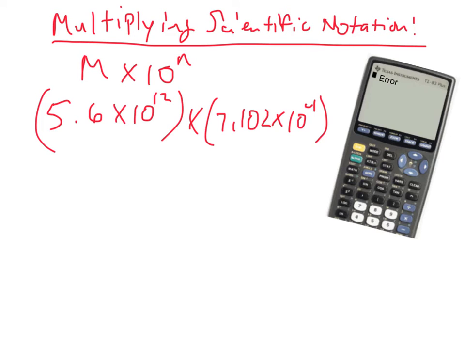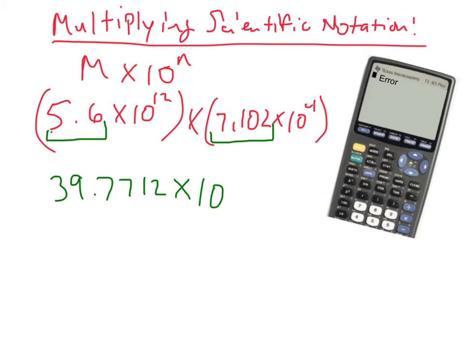The first thing that you're going to do is multiply the 5.6 by the 7.102. And when you do that, you're going to get 39.7712. So that's the multiplication part. Then you're going to put your times 10. The next step is to add their exponents together. So that gives us 16.